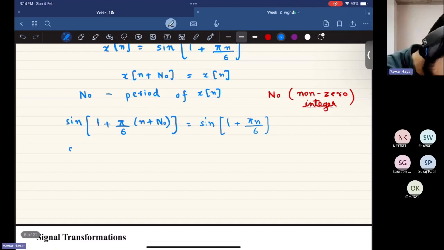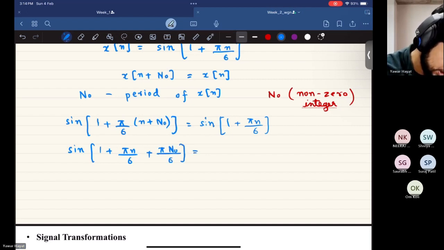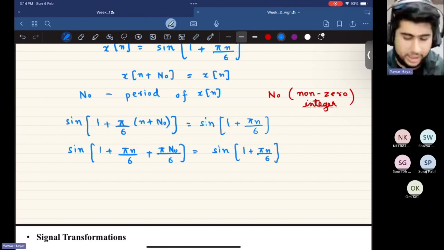Now this gives me sine of 1 plus pi n by 6 plus pi n0 by 6 is equal to sine of 1 plus pi n by 6, right?